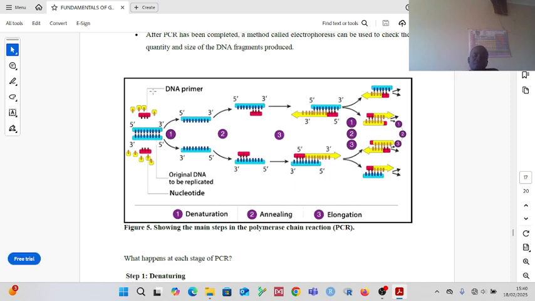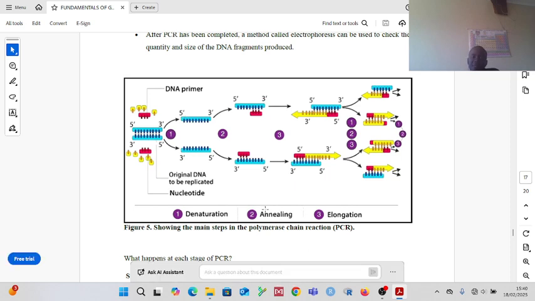What you do now is heat to denature. Here it is 1 double strand. As you denature, the 1 double strand changes to become 2 single strands.